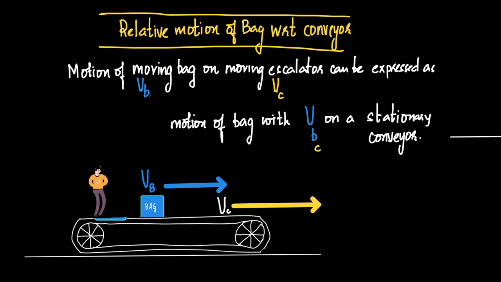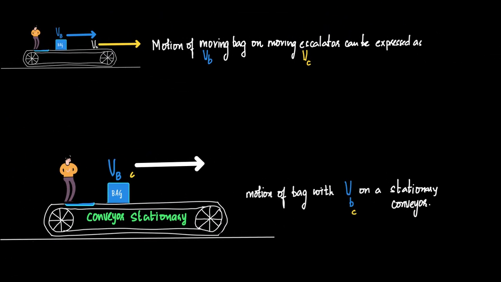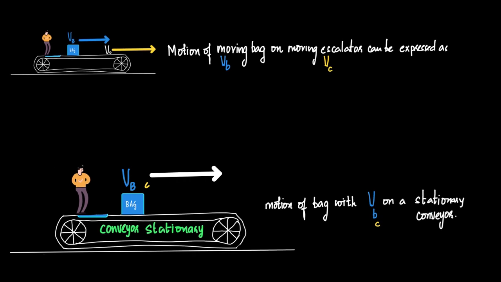Now when you study this in relative motion, motion of a moving bag with velocity vb on a moving escalator with velocity vc can be expressed as motion of a bag with velocity vb with respect to conveyor on a stationary conveyor. Now the conveyor is not moving, so this vector is missing here. Instead, both of these vectors are compressed as velocity of bag with respect to conveyor.